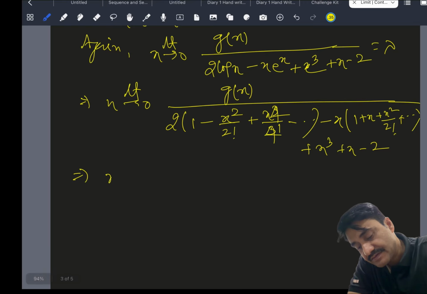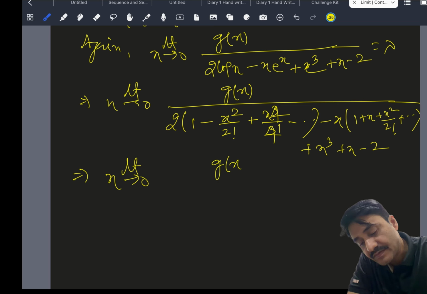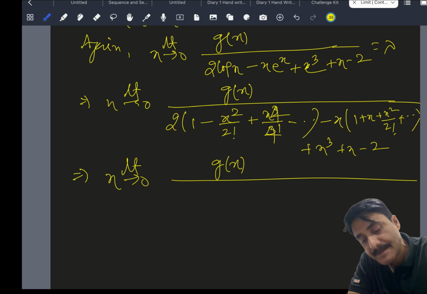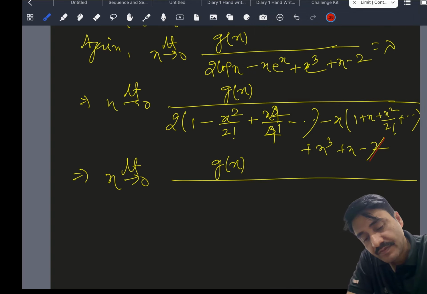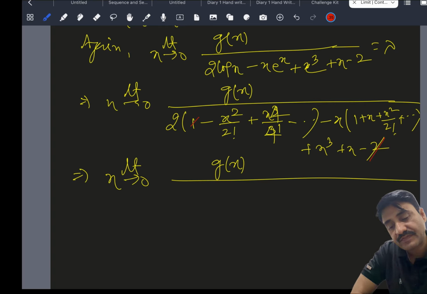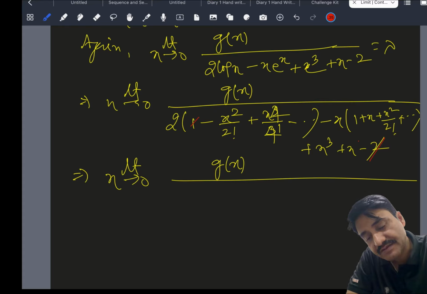This implies x tends to 0 limit g(x) by these two and this one will be cancelled out. Here is minus x and here plus x, so this also cancelled out.